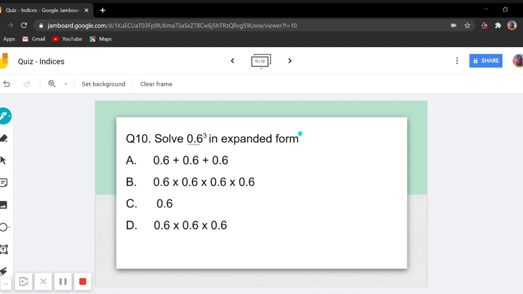Let's write it here. 0.6. And how many times does it multiply by itself? It is written here that the index number is 3. So it means that 0.6 is multiplied by itself for 3 times. Let's write 0.6 for 3 times. 1, 2, and 3.